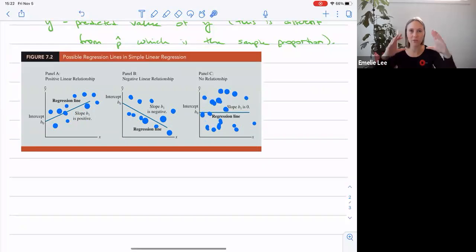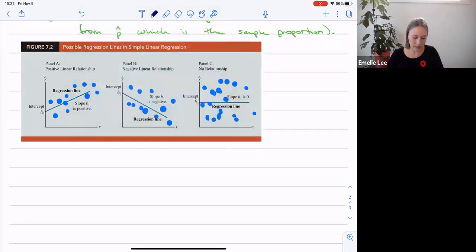So if you just have this cloud, you can think about, well, it doesn't really matter. I could put a steep slope like this, or a steep negative slope, and it doesn't really matter in terms of describing what's going on in there, because you're just hovering in a cloud. And so then the slope would become essentially 0.